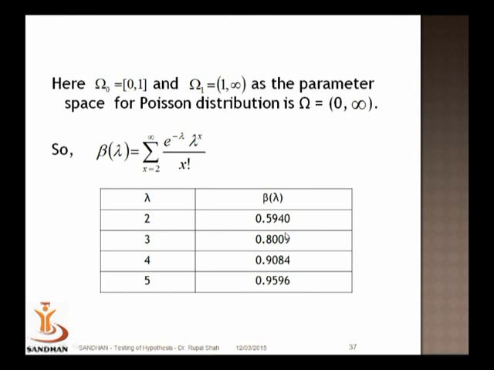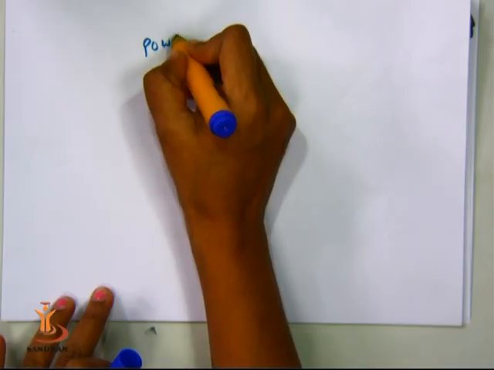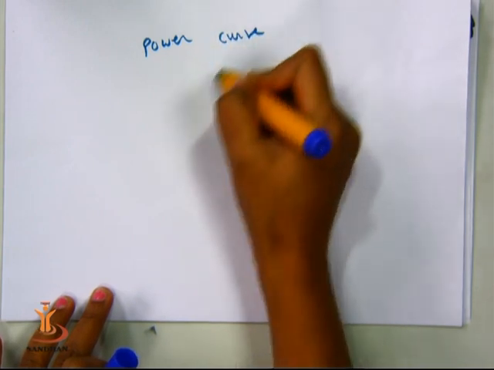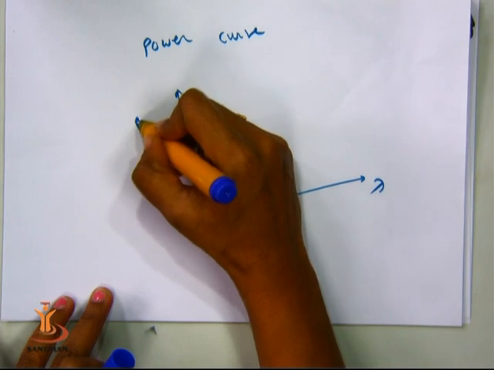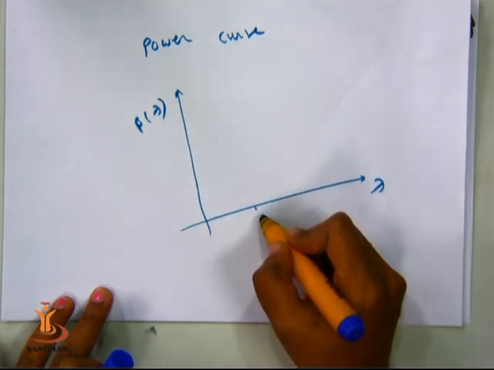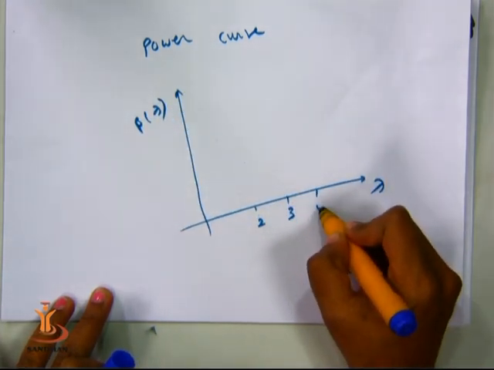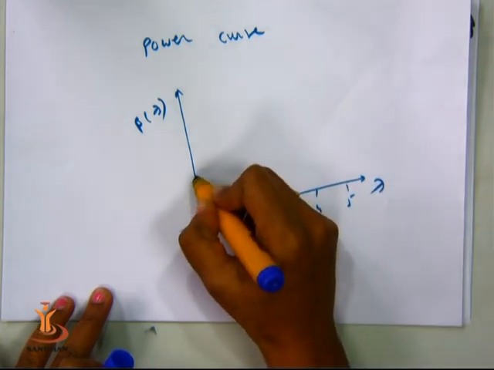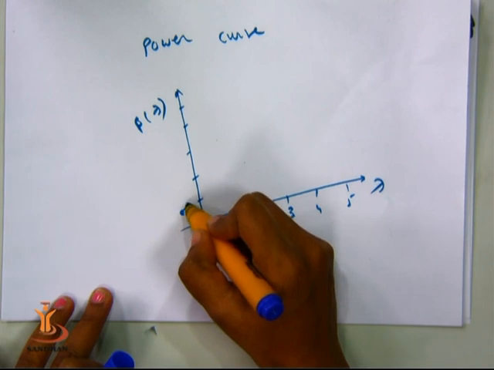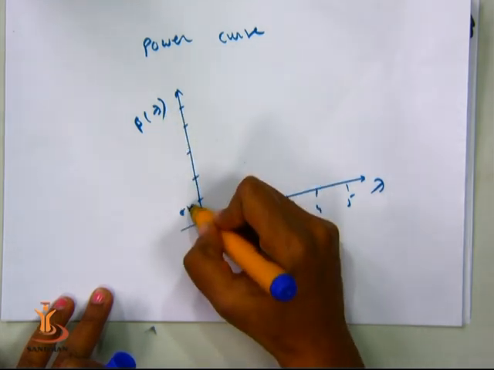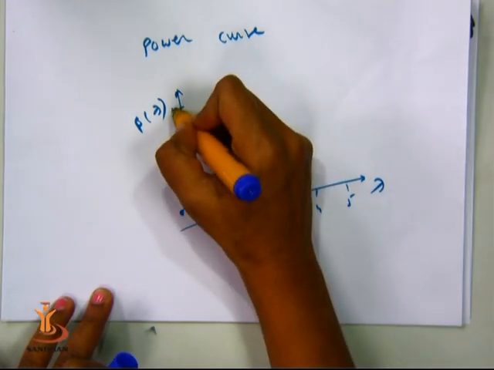So what will happen? If you plot a power curve, say lambda versus beta lambda, you have different values of lambda like 2, 3, 4, 5, and you have different values of beta which will go from say 0.2, 0.4 up to 1.